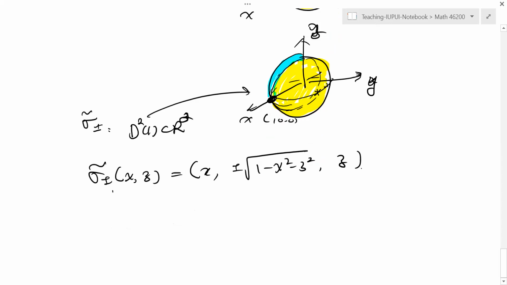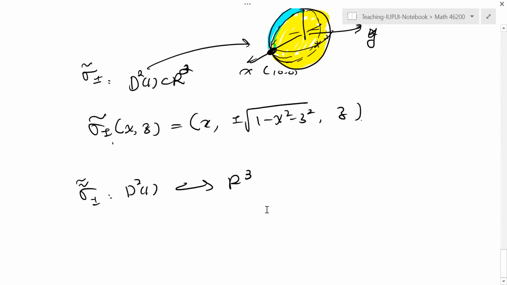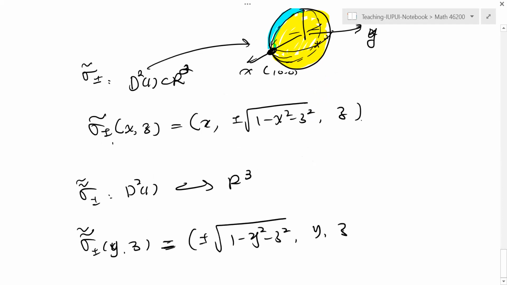Another set. I think it's the YZ set, okay? So it's going to be plus or minus the square root of 1 minus y squared minus z squared, with y and z.